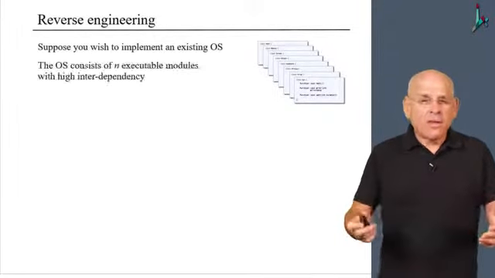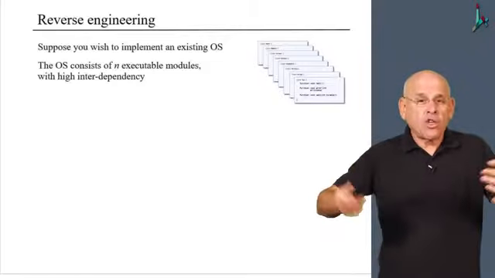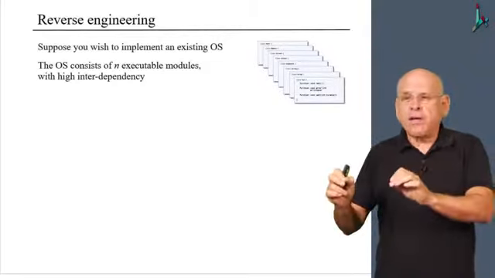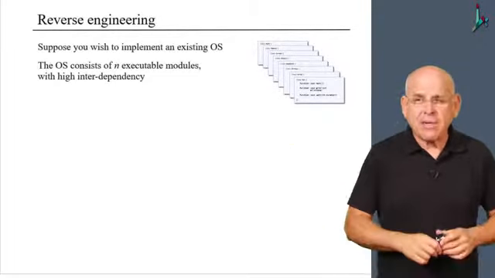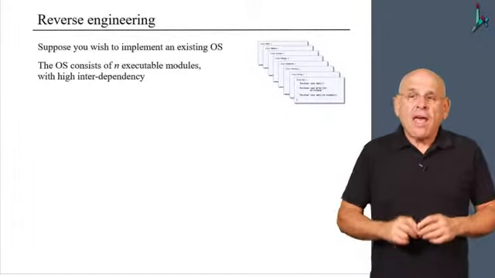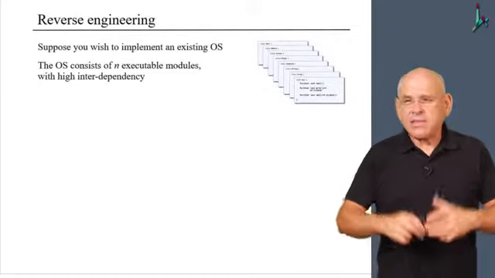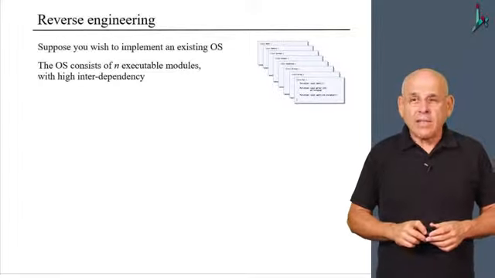And let us assume further that the operating system naturally consists of several executable modules. These modules are standalone classes, for example, in some language like Java or C++. They are executable, so you don't have the source code. And they also interact with each other intensively, as often happens in a complex program like an operating system.